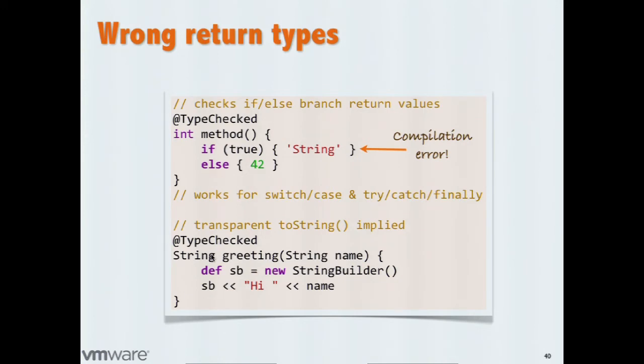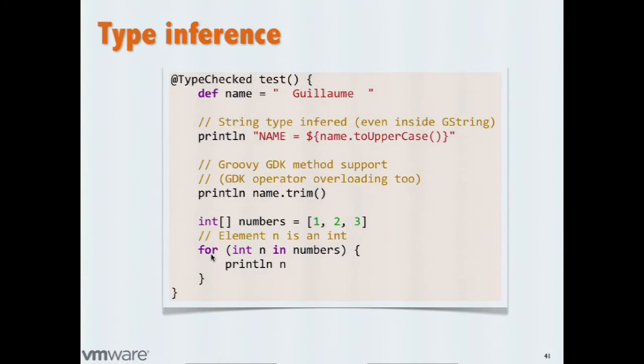So you can still write Groovy code the same old way you've been writing it, including things like the automatic type coercions that Groovy provides. So just annotate some parts of your programs with TypeChecked, especially the parts not needing dynamic features, so that you can get the same kind of feedback from the compiler.